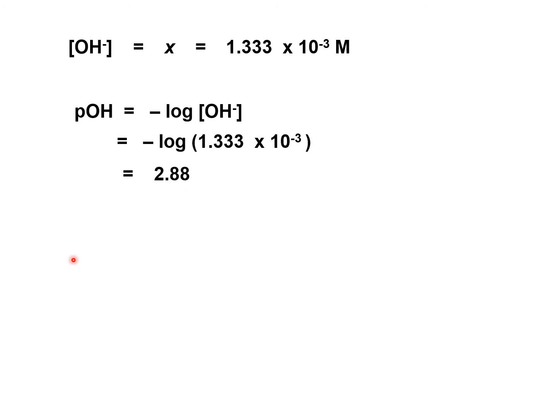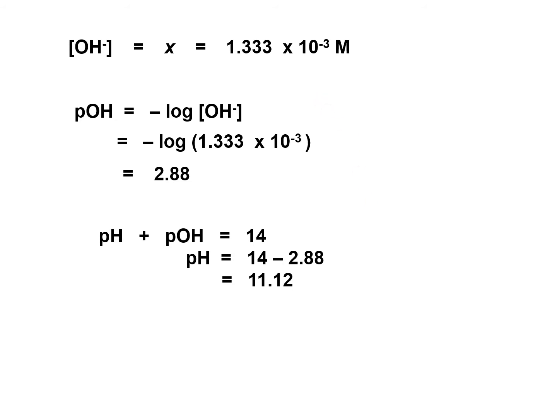To find the pH, pH plus pOH equals 14. So, pH akan jadi 14 minus our pOH yang kita dapat tadi, 2.88. So, the initial pH is 11.12. Kita start daripada atas.